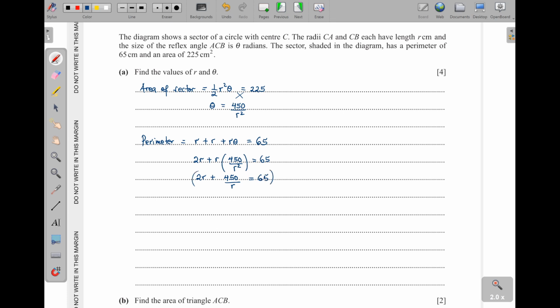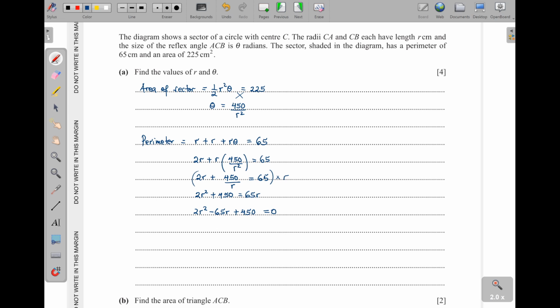Now I can multiply everywhere by R. If I multiply everywhere by R, I will have 2R squared plus 450, which is equal to 65R. Rearranging this to get a quadratic equation will be 2R squared minus 65R plus 450, which is equal to 0.